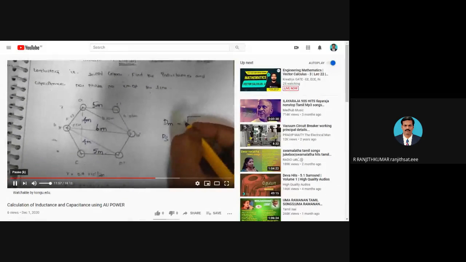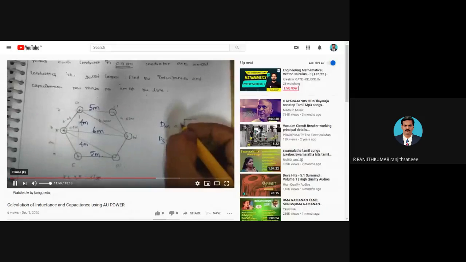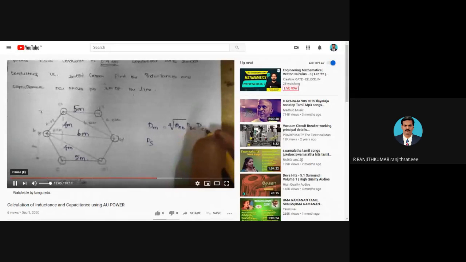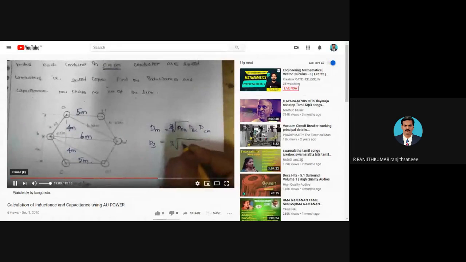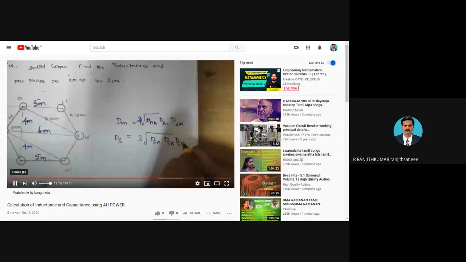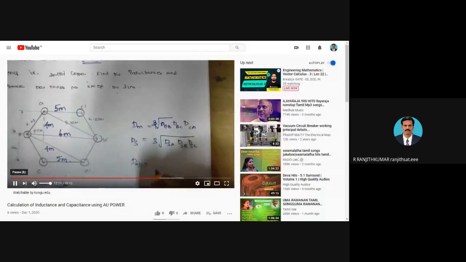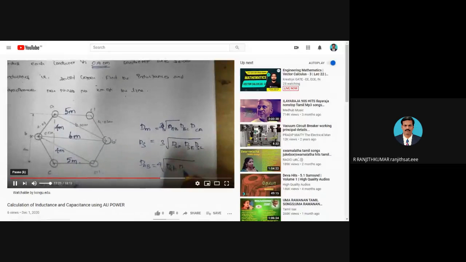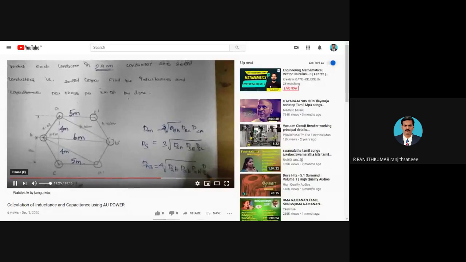DM is the cubic root of DAB, DBC and DCA. DS is the cubic root of DSA, DSB, DSC. Here DAB can be calculated by the 4th root of DAB, DA dash B, DAB dash, DA dash B dash.